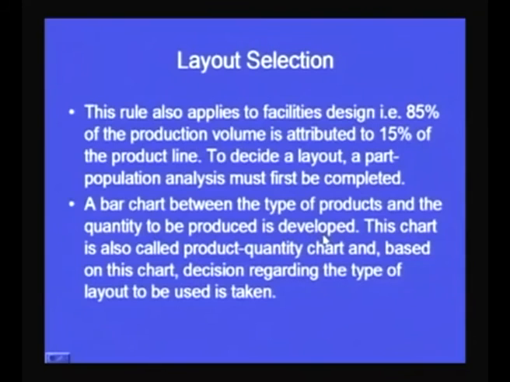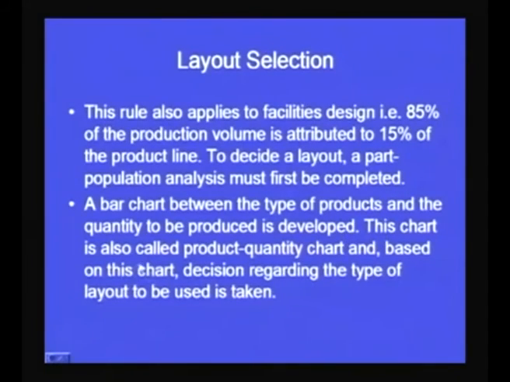How we are going to do this analysis is explained in this point. A bar chart between the type of products and the quantity to be produced is developed. This chart we will see in the subsequent slide and try to understand how this analysis is done.